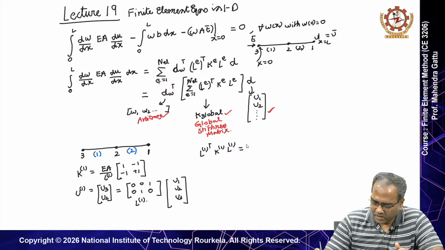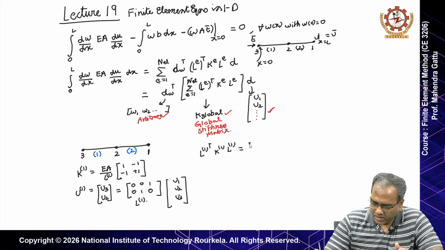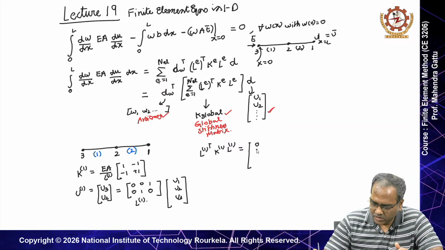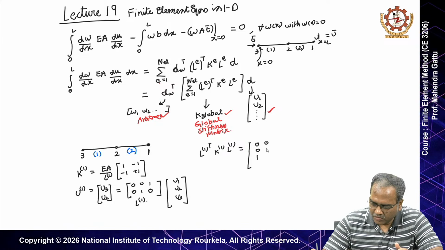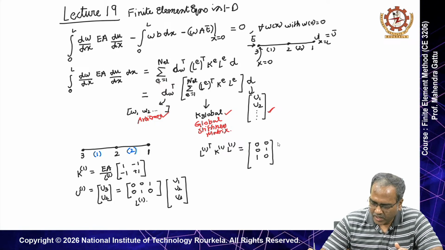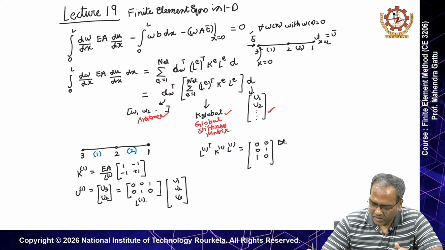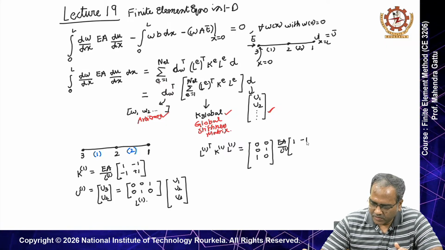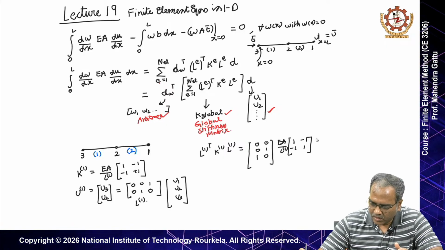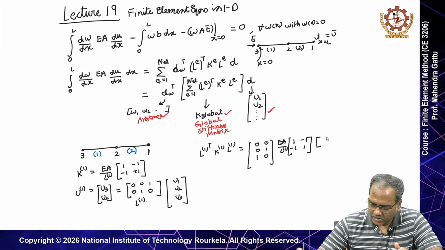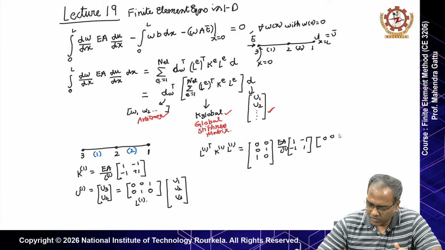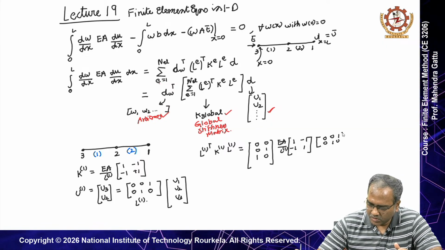Here L1 transpose is [0, 0, 1; 0, 1, 0], K1 is EA by L1 times [1, minus 1; minus 1, 1], and then L1 is [0, 0, 1; 0, 1, 0].